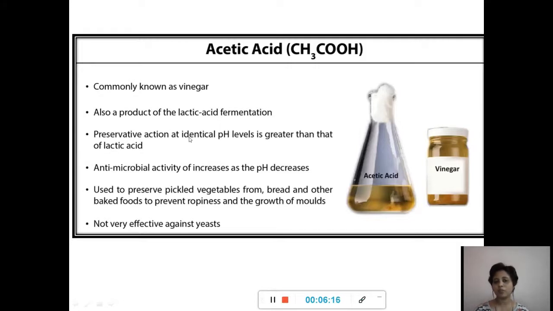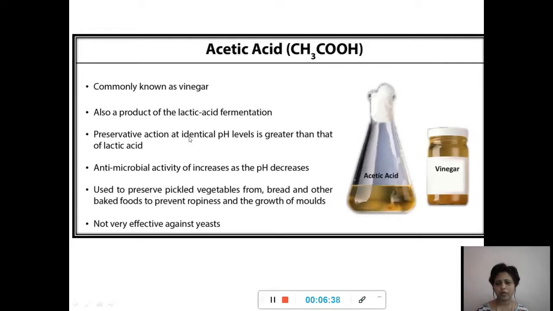And the antimicrobial activity increases as the pH decreases. This is usually used to preserve pickles, bread and other baked foods, and also to prevent ropiness and the growth of molds. They are not very effective against yeasts.